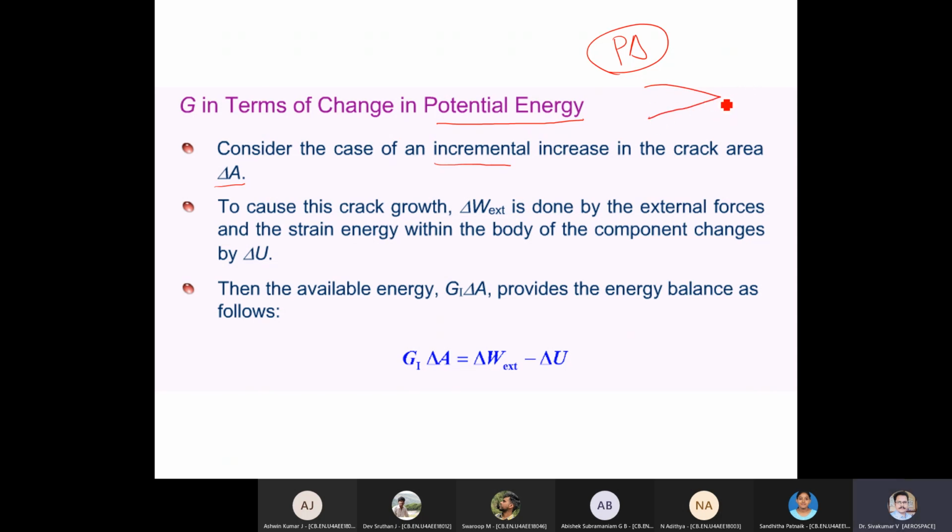First the crack is increased, because step by step only the crack will increase. This is delta A, because it has unit thickness. That is thickness B. So delta A into B is delta capital A.